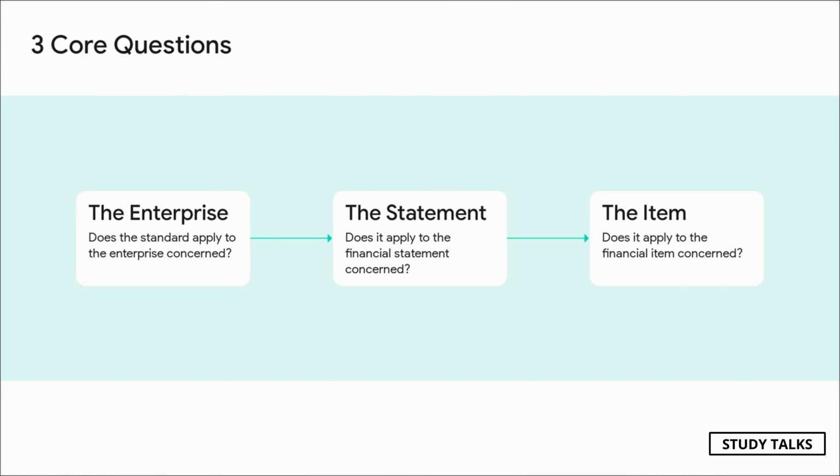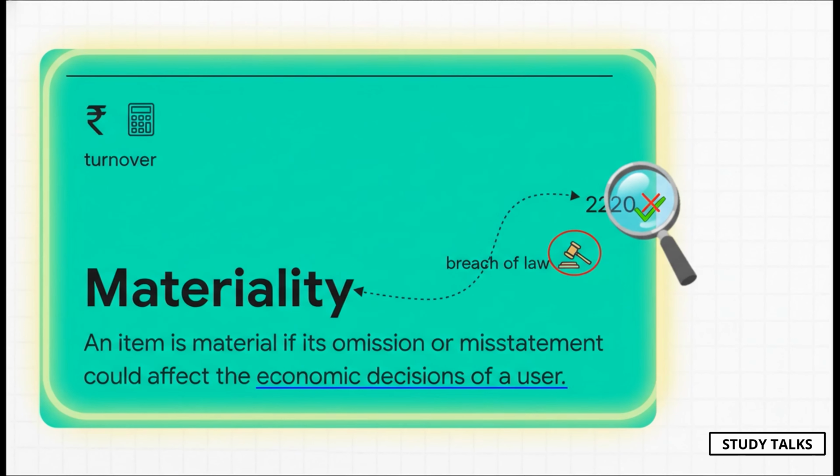It's non-negotiable. This brings us to a super important concept, materiality. See, accounting standards don't really care about tiny, insignificant things. They only apply to material items. But what does material really mean? Well, here's the classic example that ICAI absolutely loves to test. Imagine a huge company with a turnover of hundreds of crores gets a tiny 50,000 rupee penalty.